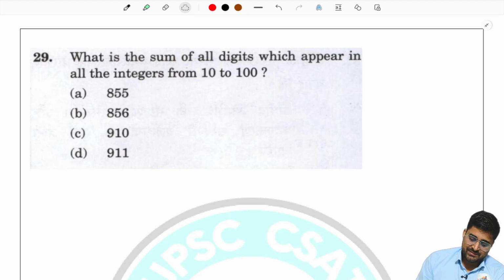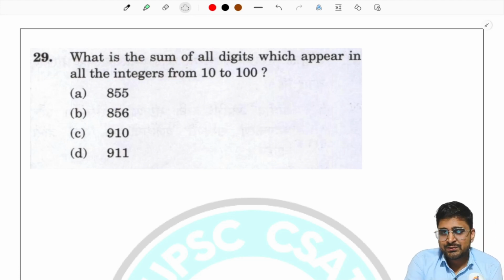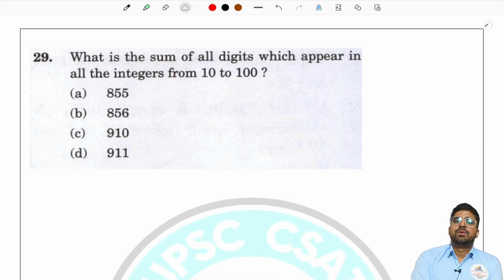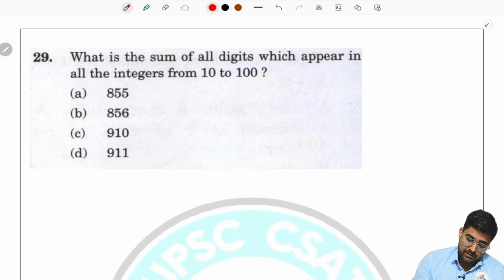This is a very good question and most students solve this in a wrong manner. They apply AP in this question. These kinds of questions are tricky. Please pay attention. Don't jump just by seeing the question itself. Please read the question very carefully.